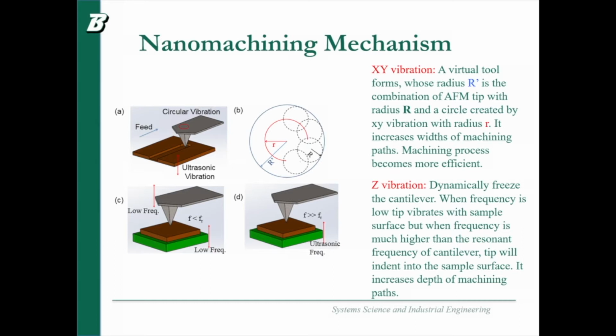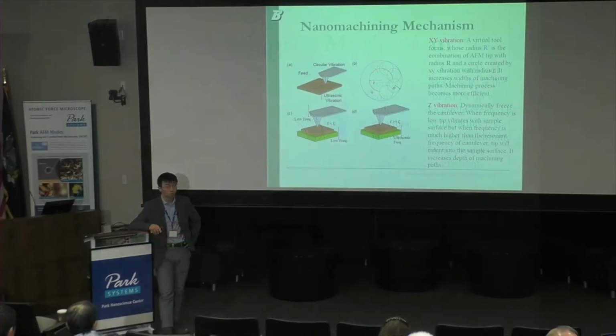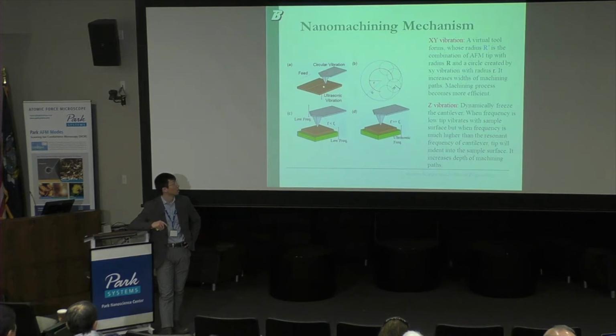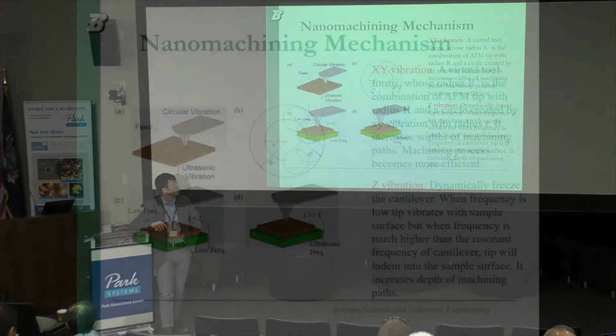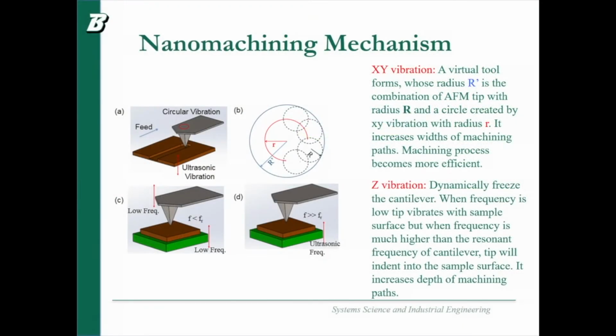So when the tip goes down and attaches to the surface, you can see the outside blue circle is the actual tip trace, or the mark size we can generate. Because we can easily tune the vibration amplitude by changing the voltage, that means we can easily tune the width of single pass trenches.